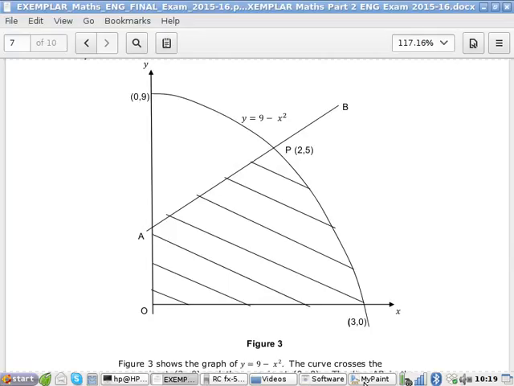Plus or minus? For what? The area. Minus. Minus, okay. So, if I just roughly draw this, what you have is this.